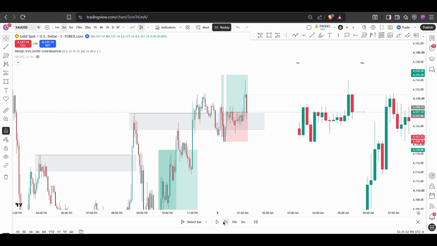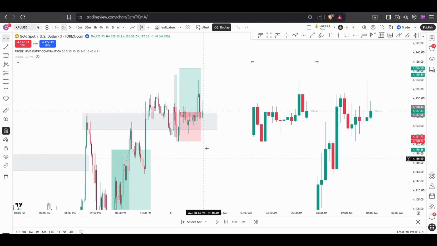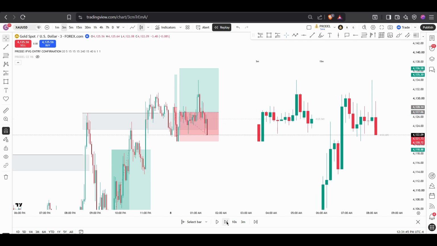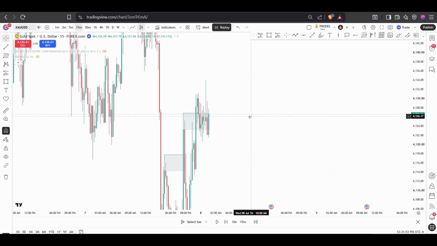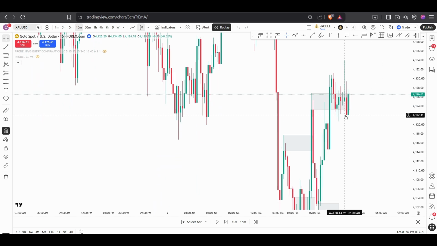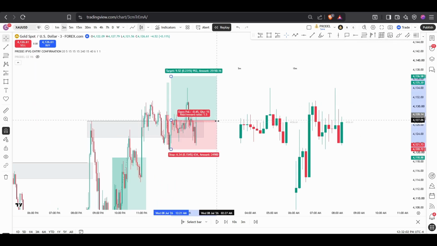You can see it went up to 1:1.1, but our break-even point is 1:1.5, and we also have to close this trade if it breaks this zone on the 15-minute time frame. You can see this 15-minute candle closed this zone, so we have to cut this trade at break even.